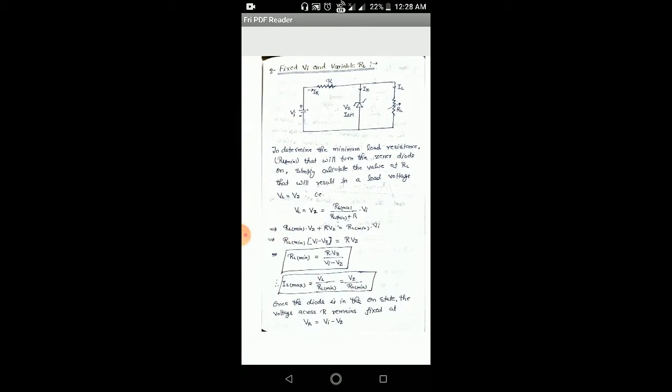Then in this case, to determine the minimum load resistance RL minimum that will turn the Zener diode on, simply calculate the value of RL that will result in a load voltage VL equal to VZ, because we know that VL should be greater than or equal to VZ. So the minimum condition will be VL equal to VZ.